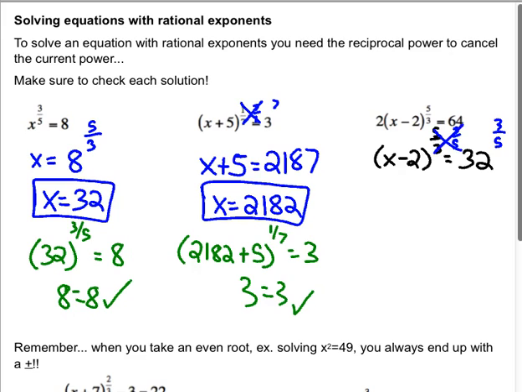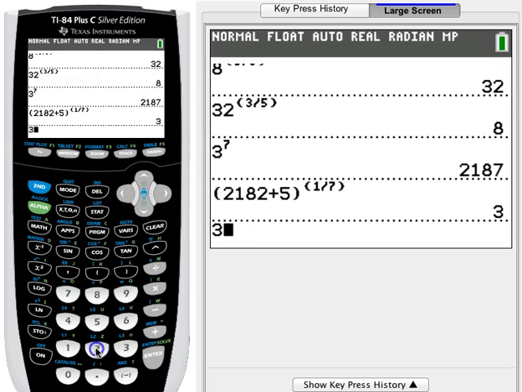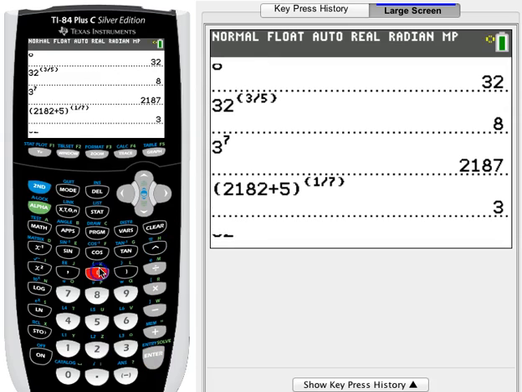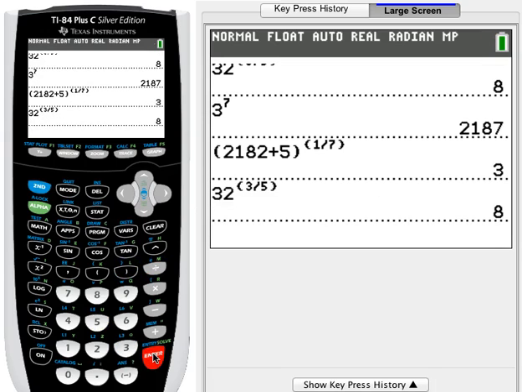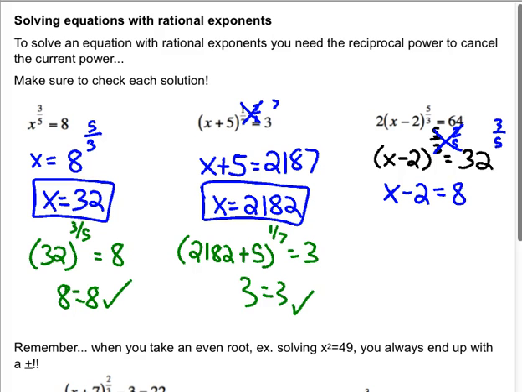That's going to break free the x minus 2, and 32 to the 3/5 — again, feel free to use your calculator for that — gives me an 8. So x minus 2 equals 8. I'm going to add 2 over, and x is going to be 10.